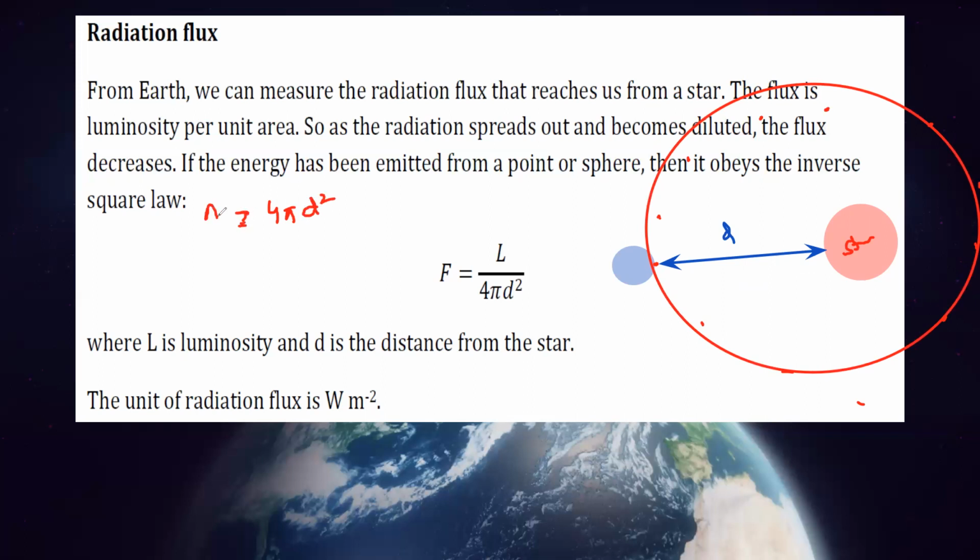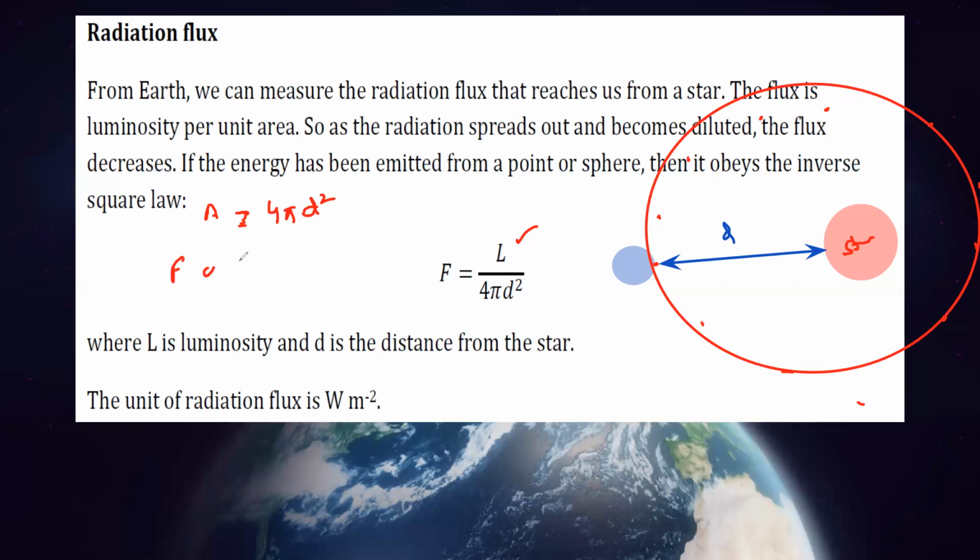So area is equal to 4 pi d square. Luminosity, the power, the energy emitted out every second, that is the luminosity. So we can work out the flux, or using this formula we can work out the distance between the star and the earth. And how does the flux vary?